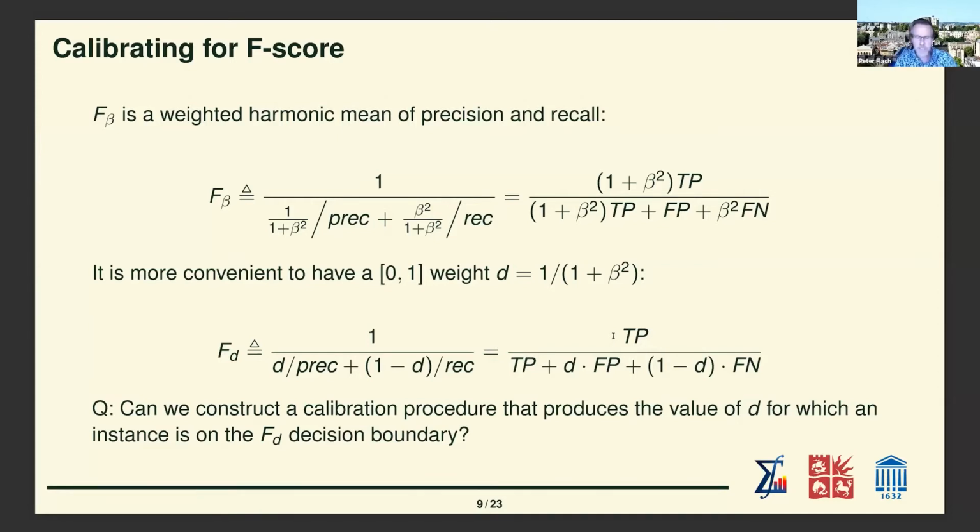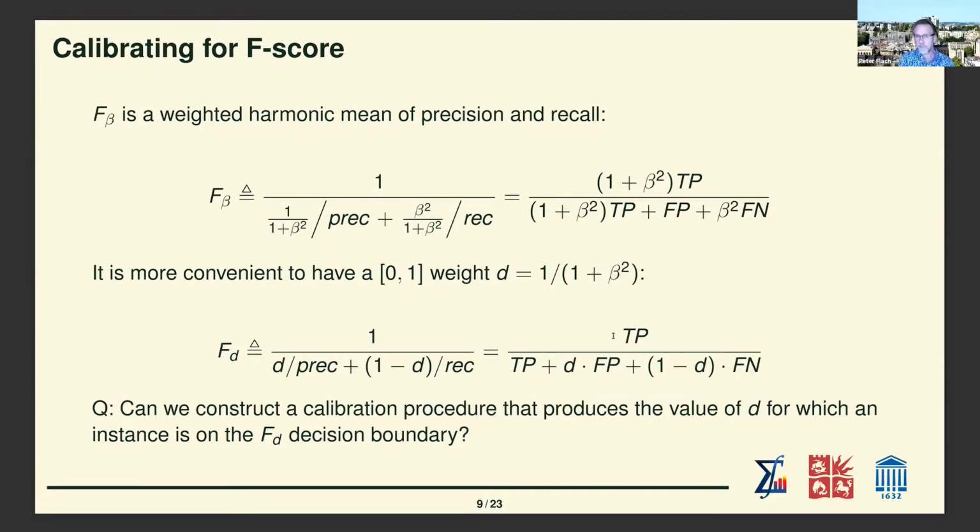It's much simpler if you convert those weights to an alternative weight D on the 0-1 scale, and then you simply have D as the weight of precision and 1 minus D as the weight of recall, or if you prefer the right-hand formula, D is the weight of the false positives and 1 minus D is the weight of the false negatives. So for F1, we have D equals 1/2.